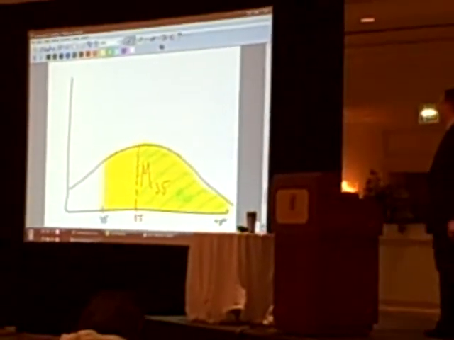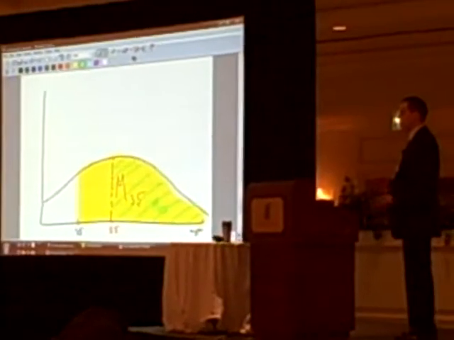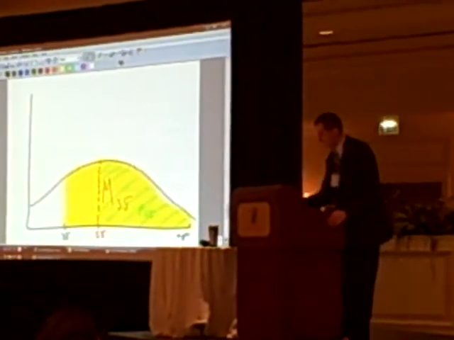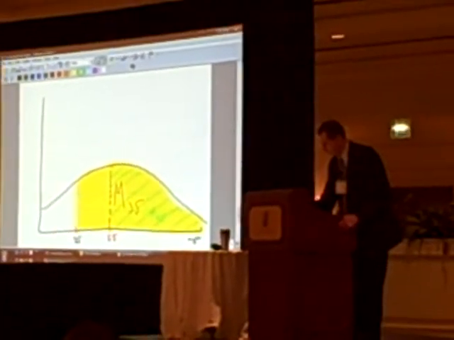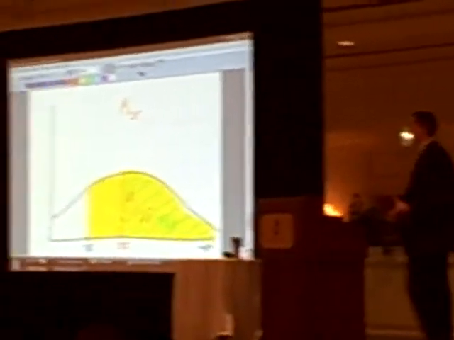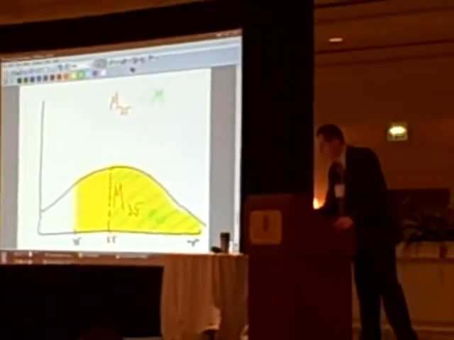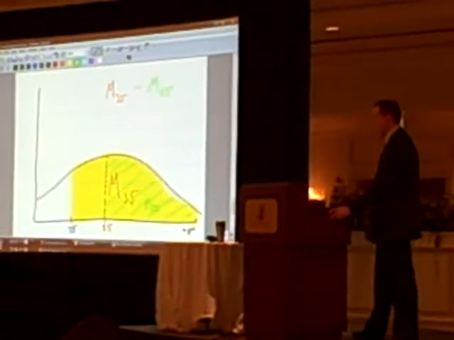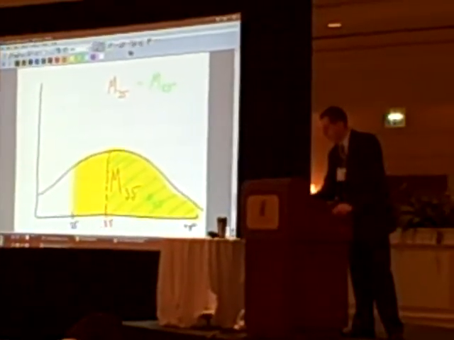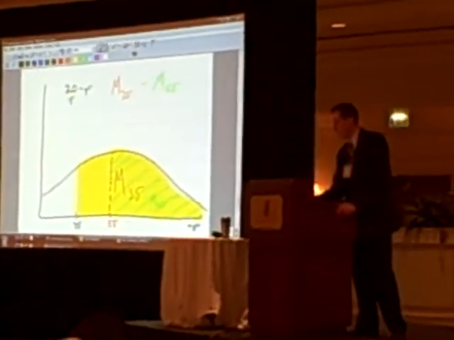So if we subtract that value, M55, from M35, we can get the benefits for a 20-year term, right? So what I'm saying is M35 is the total amount in yellow. If we subtract out M55, we're only going to get the benefits for the first 20 years, right? Which is what we wanted for a 20-year term.